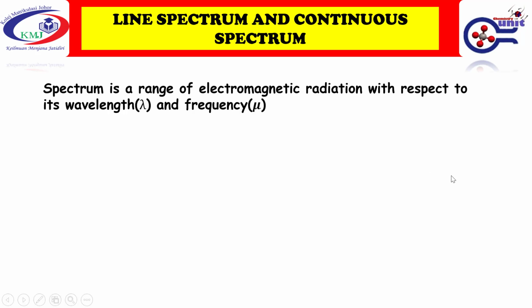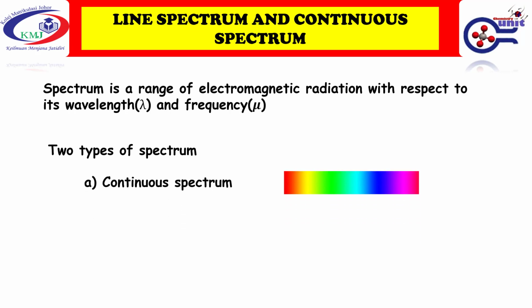Spectrum is a range of electromagnetic radiation with respect to its wavelength and frequency. There are two types of spectrum. The first one is continuous spectrum. The illustration shows you an example of a continuous spectrum.